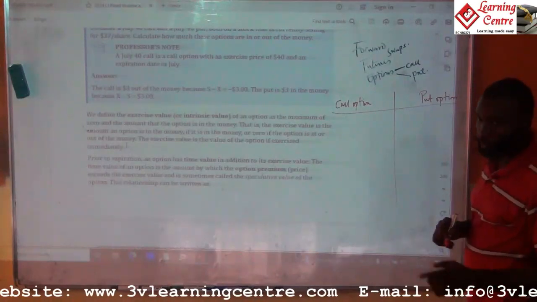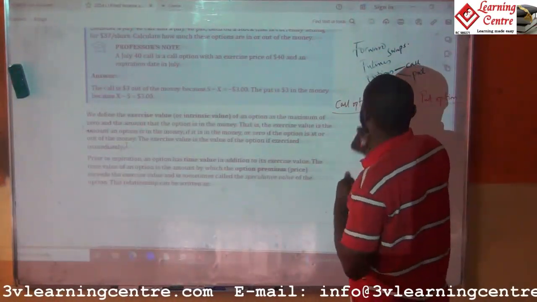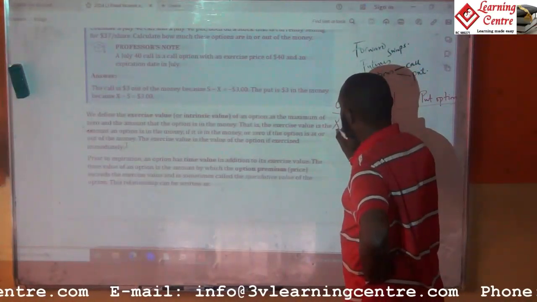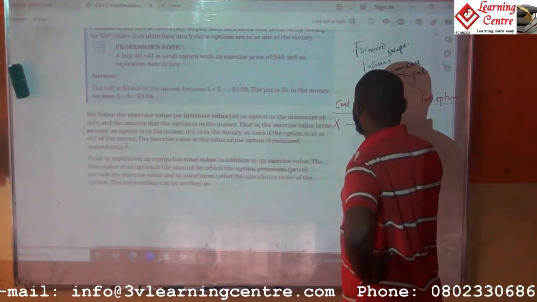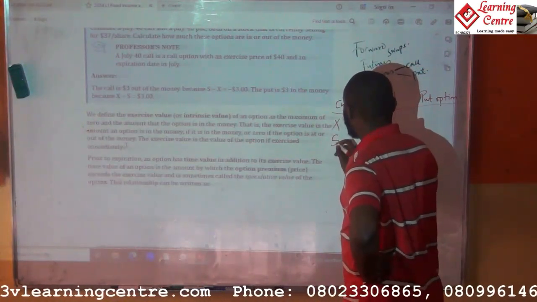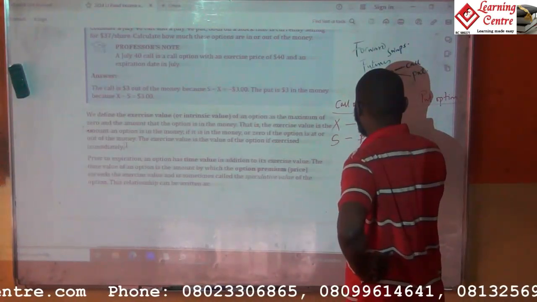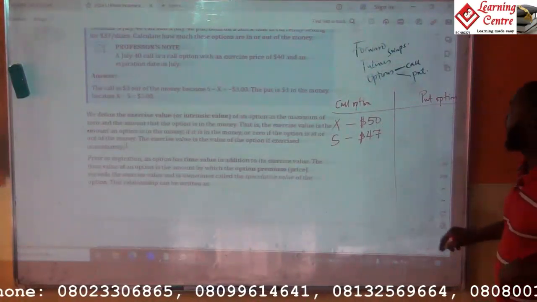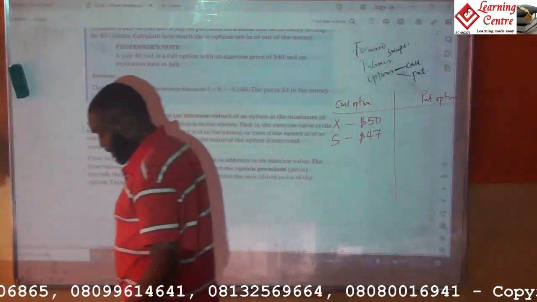So for the call option, let's assume that we have the X, which is our agreed price, let's assume is $50. And then let's assume this one is $47. With this, am I exercising the call option or not?